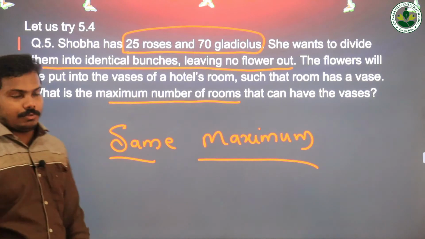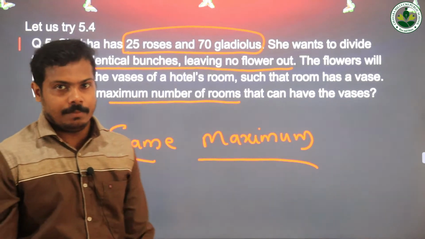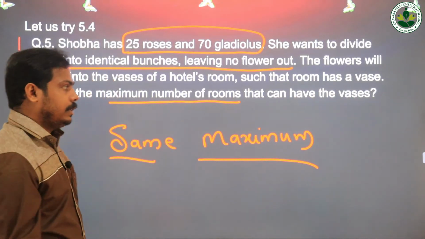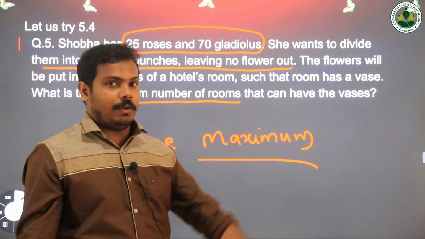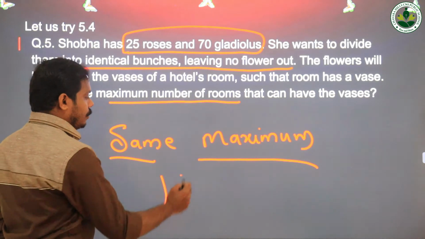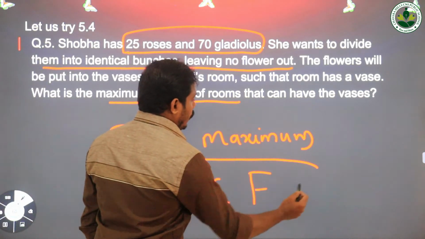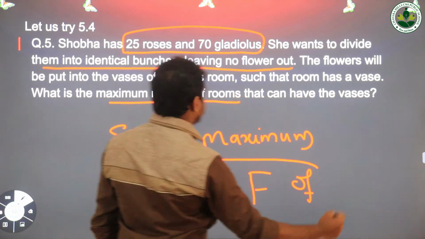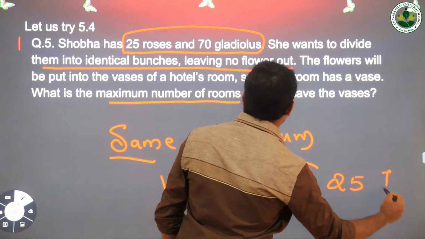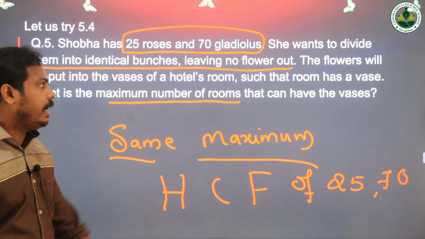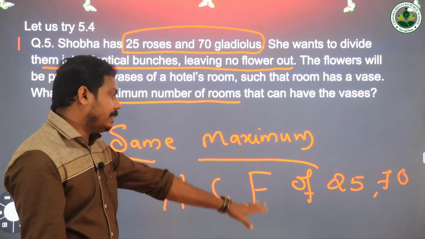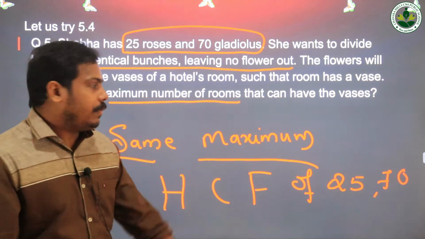Where we see these words, maximum, same, or maximum, common, or highest common, from those words we get that it is the highest common factor of the numbers 25 and 70. Here we need to find the HCF of 25 and 70, then we get the answer.